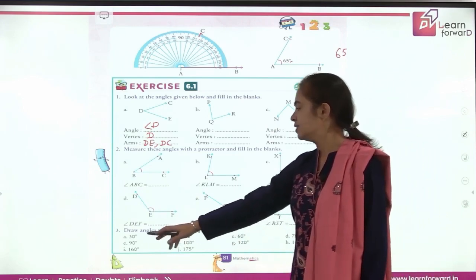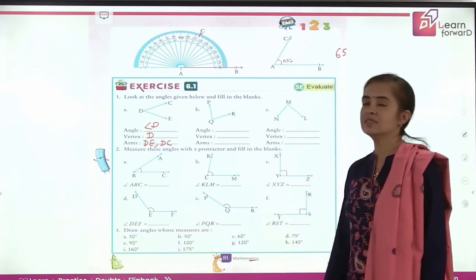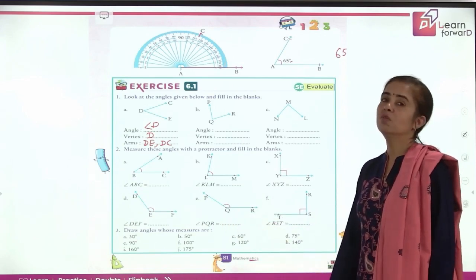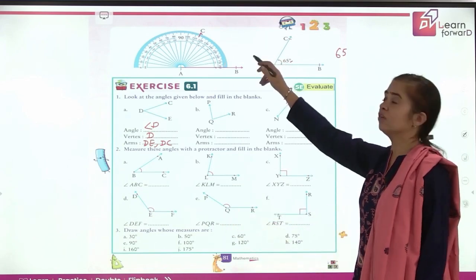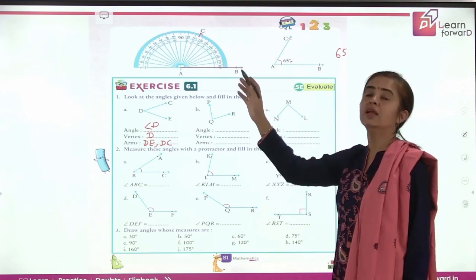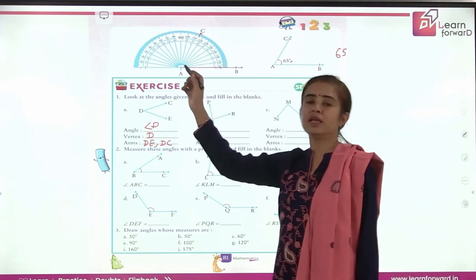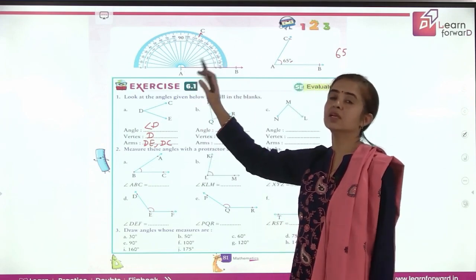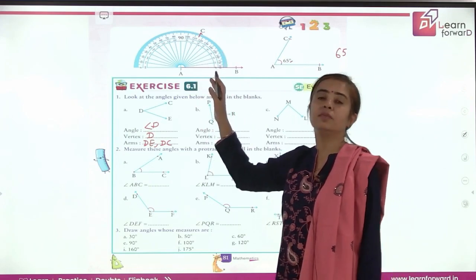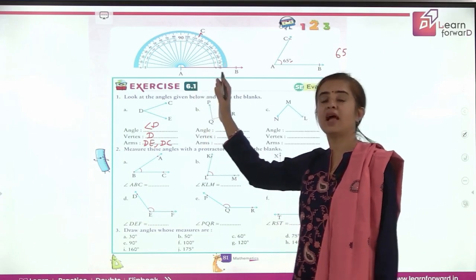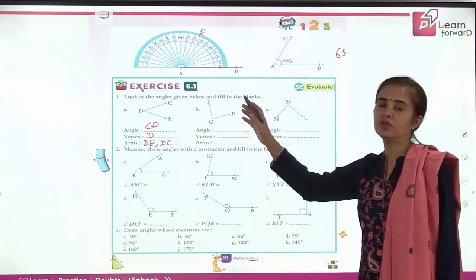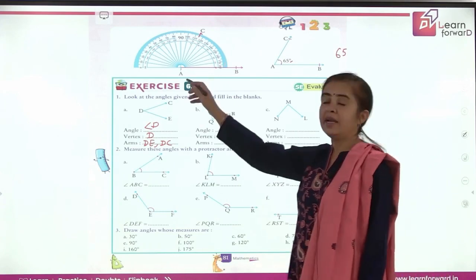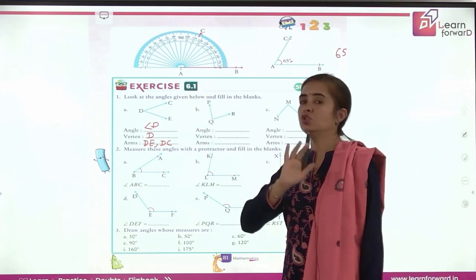Now, next is draw angles whose measures are given to you. So it is 30 degrees, 50 degrees, 60 degrees. What you will be doing, as we have done here, first draw the baseline, then put your vertex, then put the center of the protractor at the vertex. Make sure that the baseline of your protractor and the arm of the angle you have drawn should be overlapping. And this protractor should be fixed, it should not be moving.